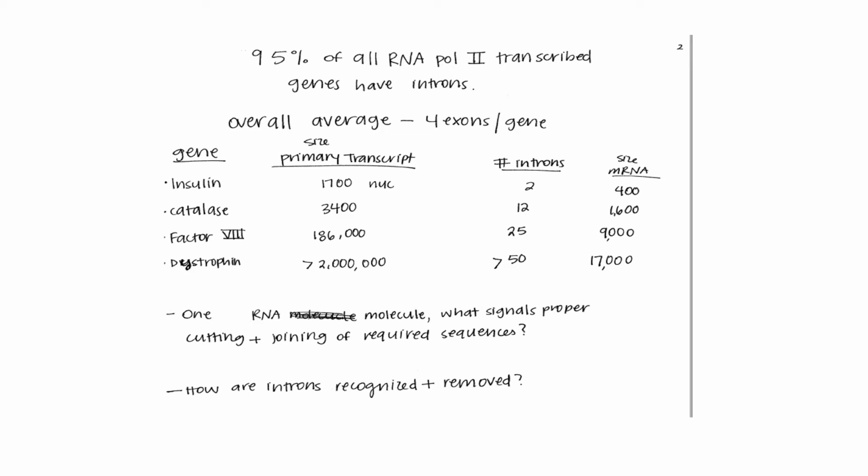So we've ended up basically just making an incredibly long transcript, 186,000, only to very quickly destroy 175,000 nucleotides, leaving only 9,000. Now, if we look at dystrophin, which I think is the largest primary transcript that's been identified, it's greater than 2 million nucleotides. An enormous amount of time and energy required to synthesize an RNA of that length.